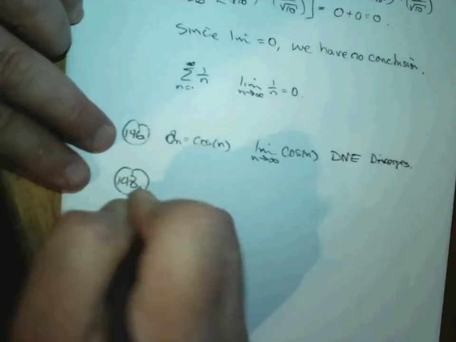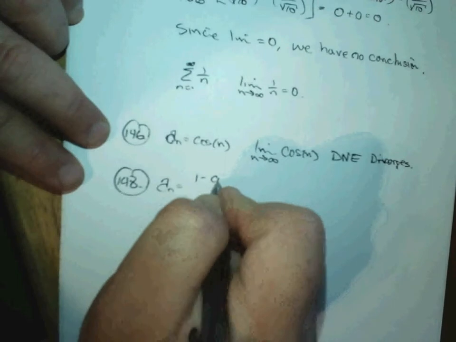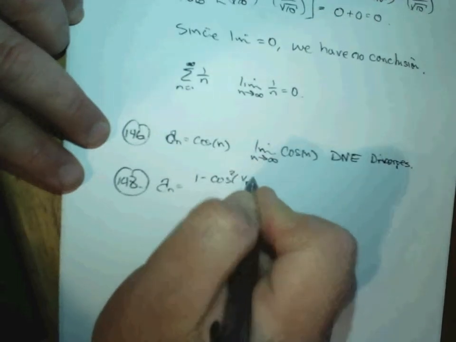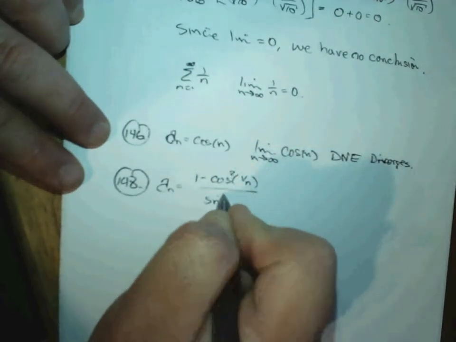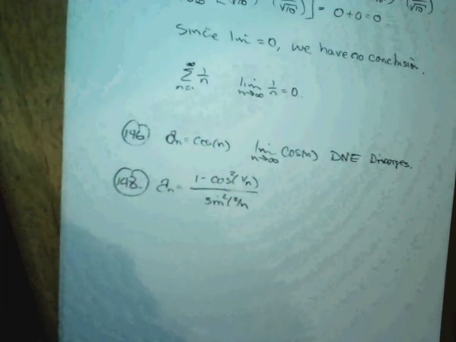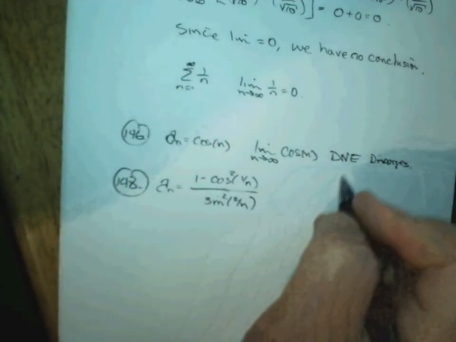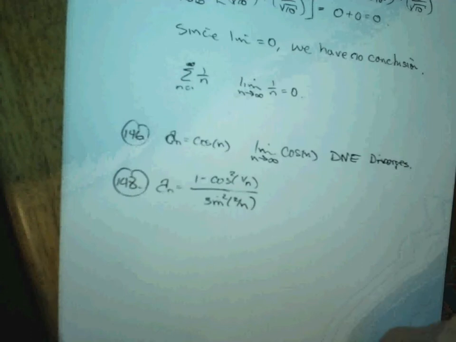All right, now 148 is a little bit of a trickier one. A sub n is 1 minus cosine squared of 1 over n, over sine squared of 2 over n. Okay, and this is going to involve just a little bit of trigonometry for us.